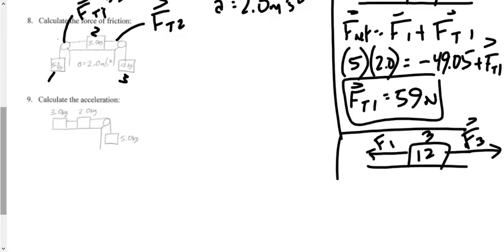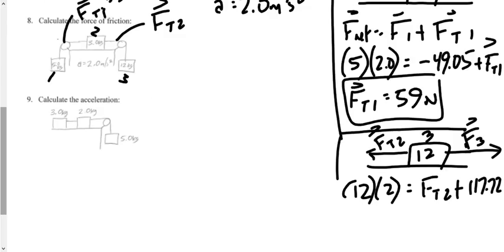That's it. We say m times a: 12 times acceleration of 2 equals Ft2 plus 12 times 9.81. And 12 times 9.81 is 117.72.